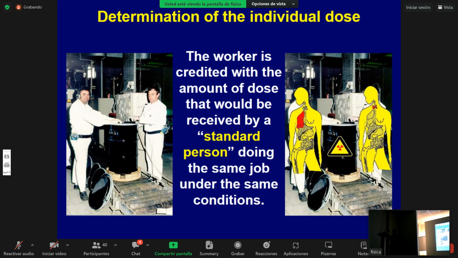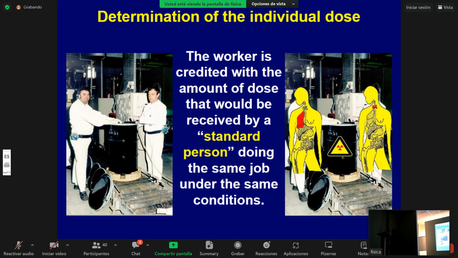In the case of occupational exposure, the individual exposure dose of a worker is assumed to be equal to the exposure dose of a standard person who will be in the same production conditions and perform the same work with the source as this individual.